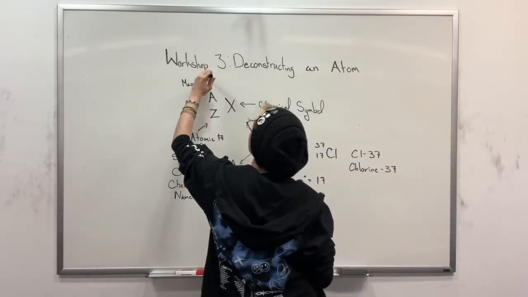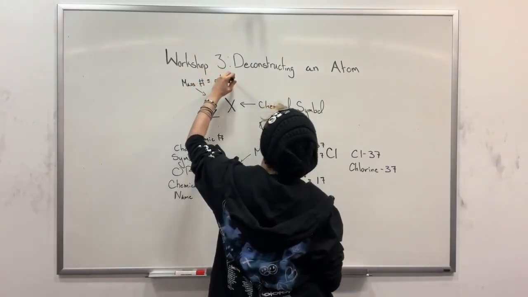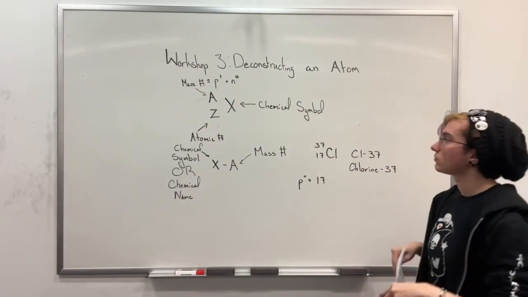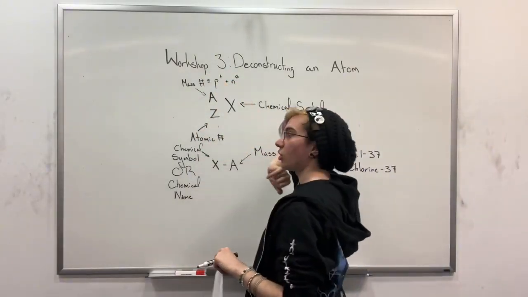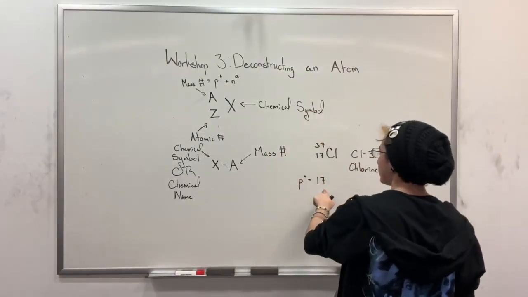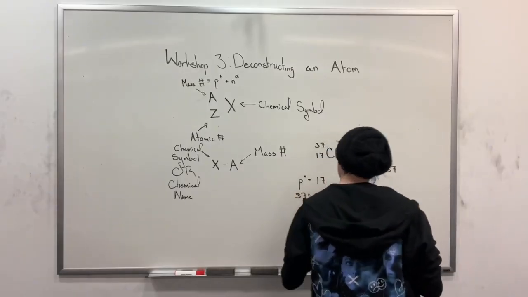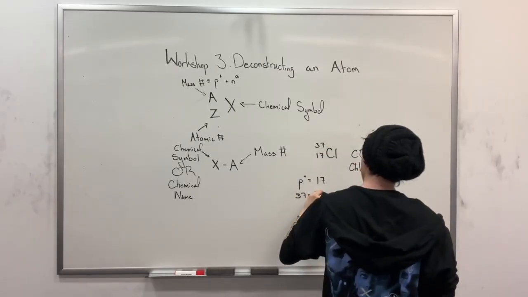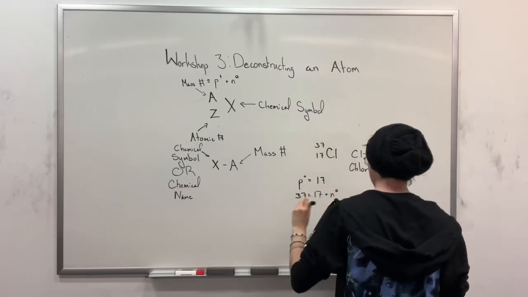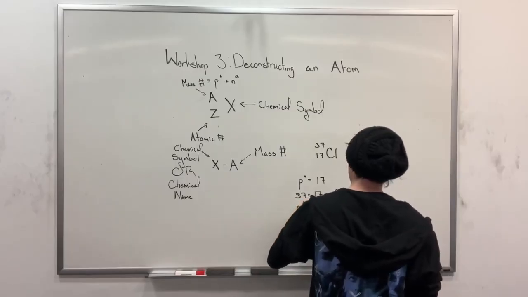If the mass number is the number of protons plus the number of neutrons, and I'll denote that with n raised to the 0, because charge is always going to go in your top right corner. If we have 17 protons and we know our mass number is 37, 37 is equal to 17 plus n, which means that the number of neutrons we have is 20.